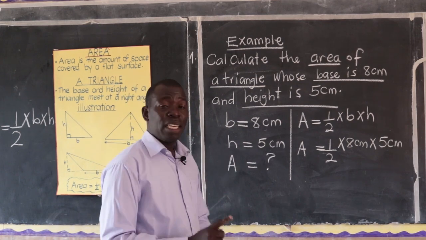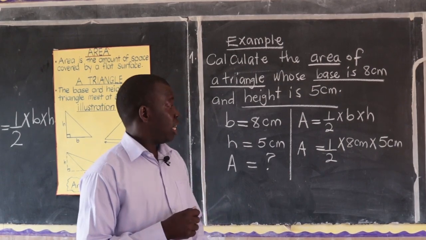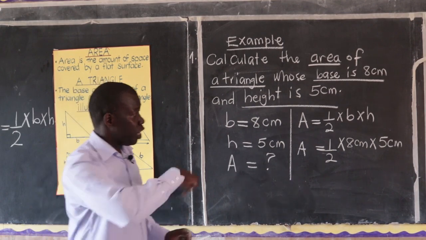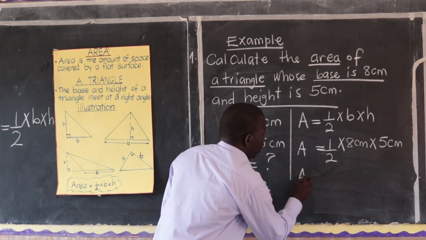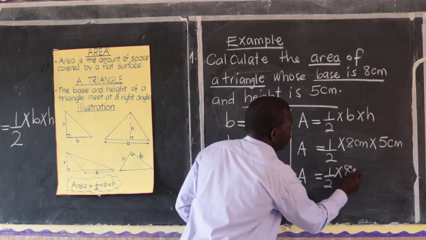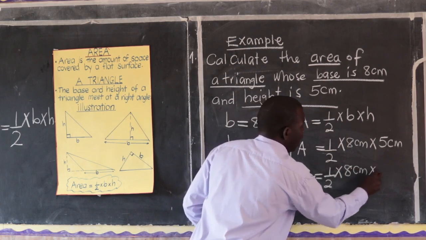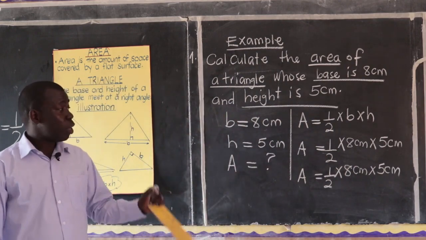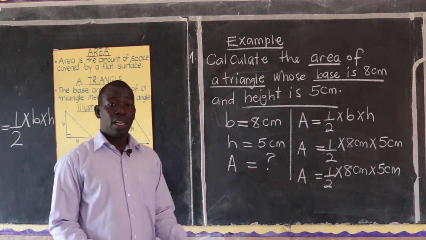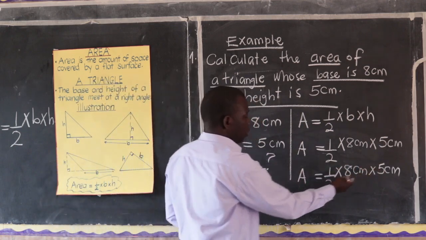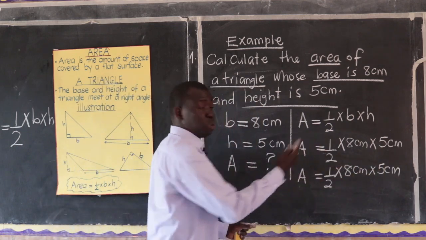But in that step, leave it as it is, as what I always call the substitution step. Rewrite the same step like this. Rewrite the same step and say a half times base, that is 8 centimeters, and the height is 5 centimeters. So when you rewrite, you can go ahead with your cancellation there. So you can see, is 5, can we cancel 5? Can we divide 5 and 2?